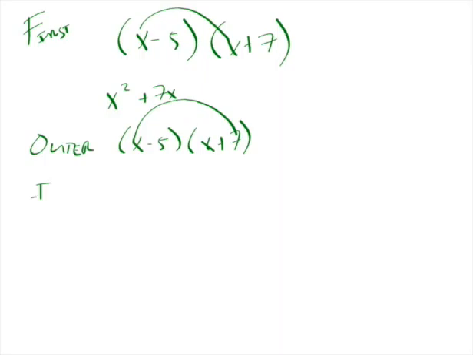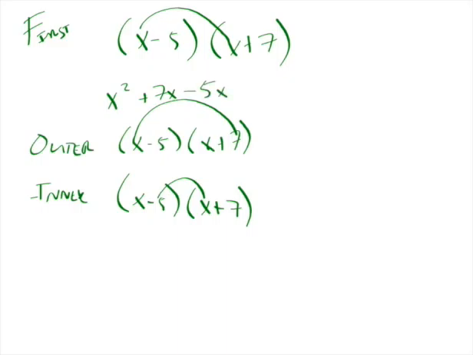Inner. Our inner terms are the two on the inside. In this case, we have negative 5 and positive x, and so that's minus 5x.